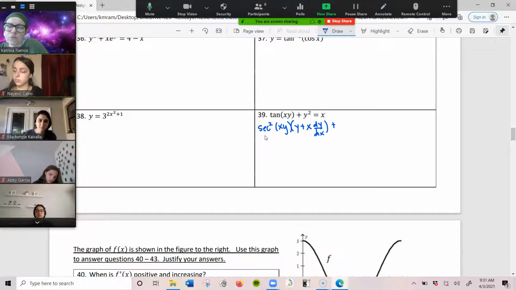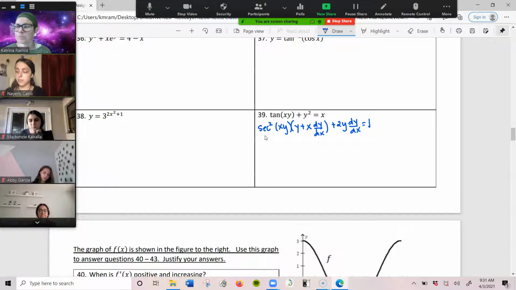Plus, now we go on to the rest of the equation. The derivative of y squared is 2y, and then you multiply that by dy/dx, is equal to the derivative of x, which is just 1. Up to here, is that all right?